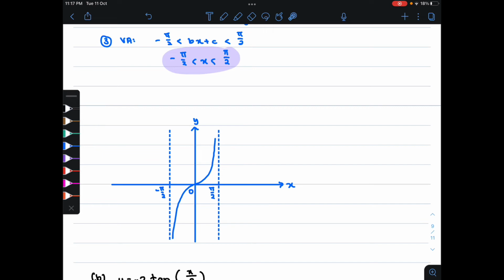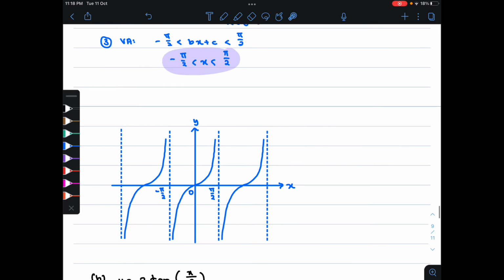But don't forget that you mustn't only have one cycle. Your graph should be bigger than this. So I'm just going to go ahead and copy everything down. Like so. Okay, so don't forget that the period is pi.